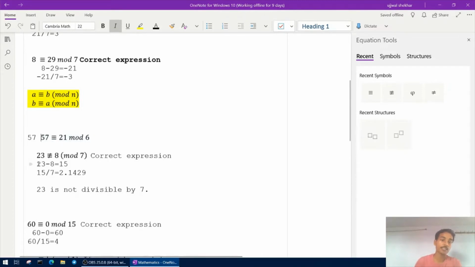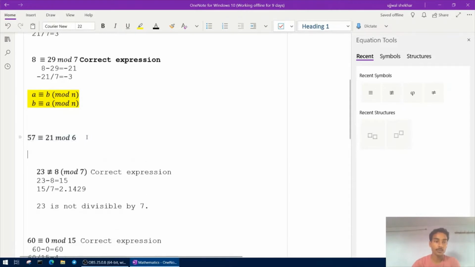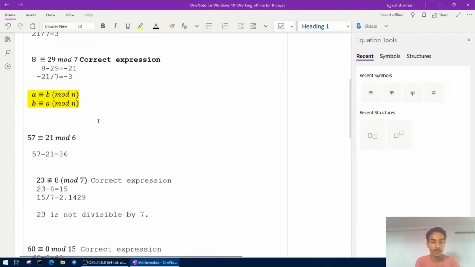Let's check if it is a correct expression or not. We subtract 21 from 57, so the output will be 36. Then we divide 36 by 6, and the output will obviously be a whole number. So again this is a correct expression.